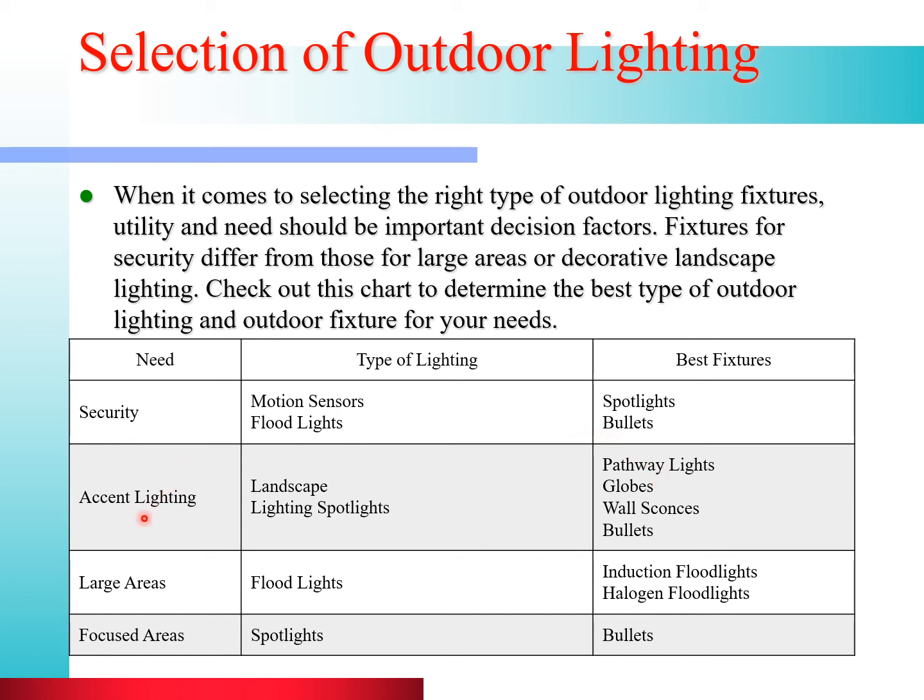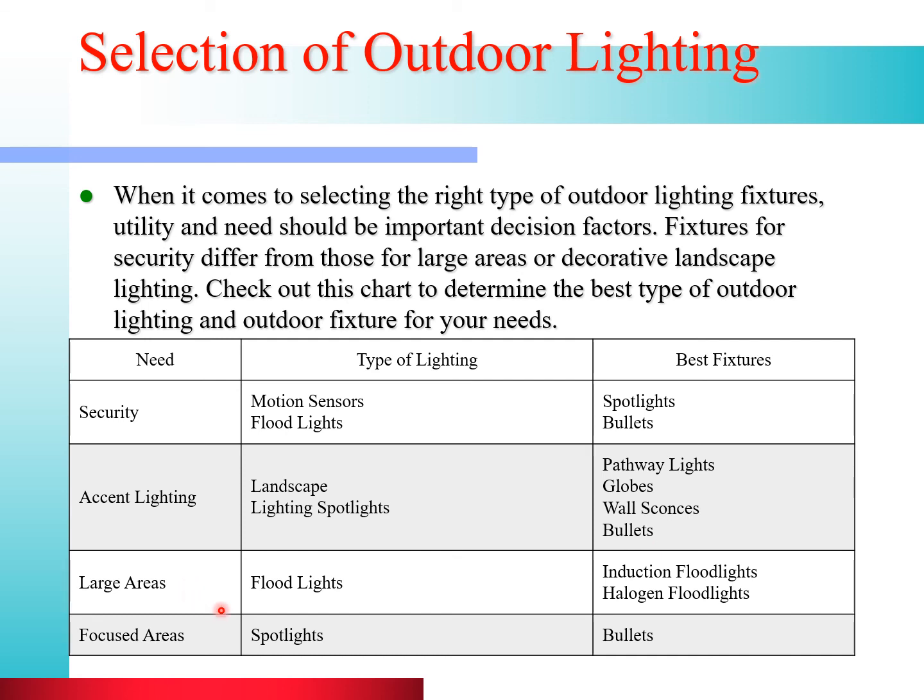Second is accent lighting. Type of lighting is landscape lighting, spotlights. Best fixtures are pathway lights, globes, walls, wall sconces, bullets.